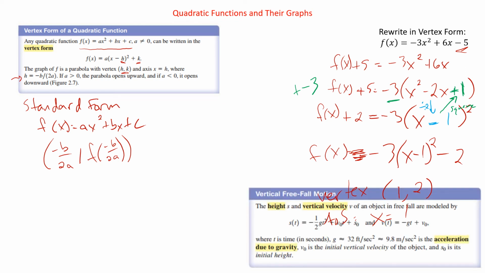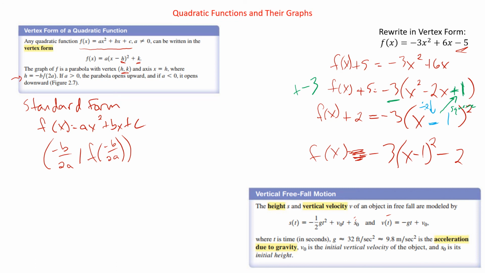We do have a little bit extra. Oh, I shouldn't have put the vertex down there. A quick couple formulas that we use with quadratics that are common enough that you want to know the formula for them. And that would be the free fall formula.